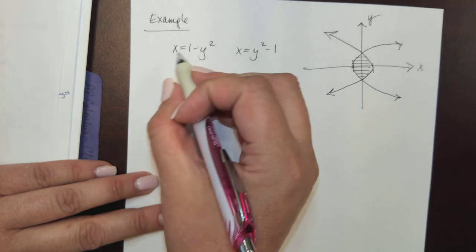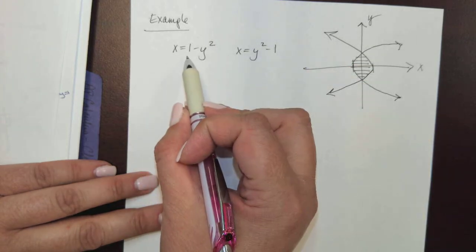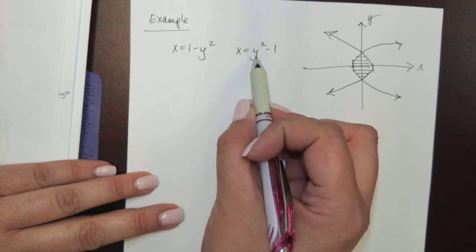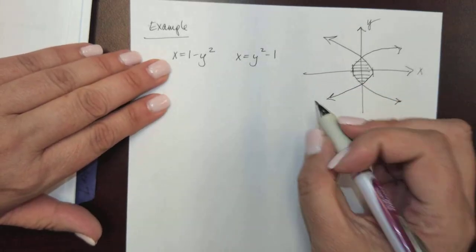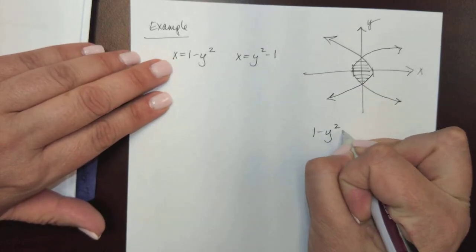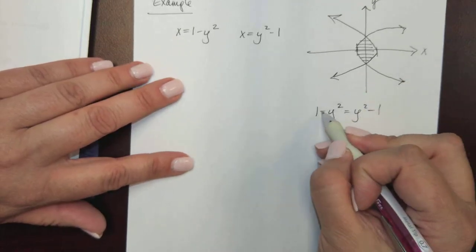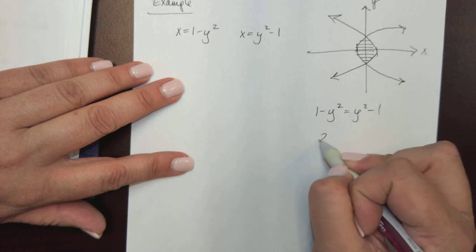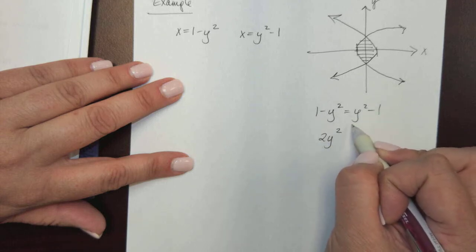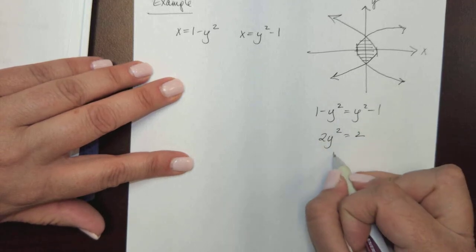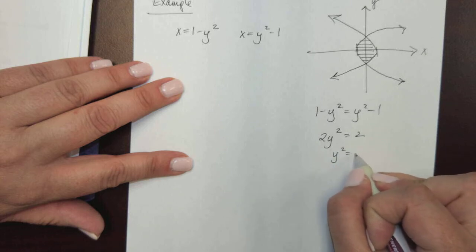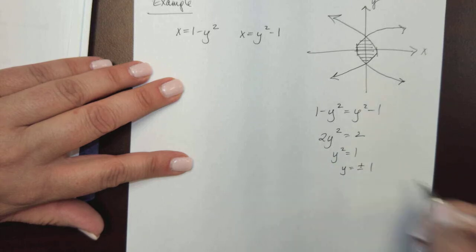That means I need to solve for my y values. By substitution, I set these equal: 1 minus y squared equals y squared minus 1, and I get 2y squared equals 2, or y squared equals 1, y equals plus or minus 1.